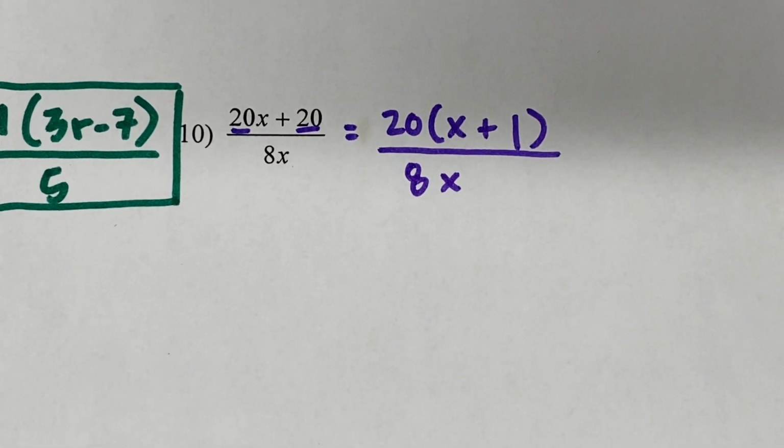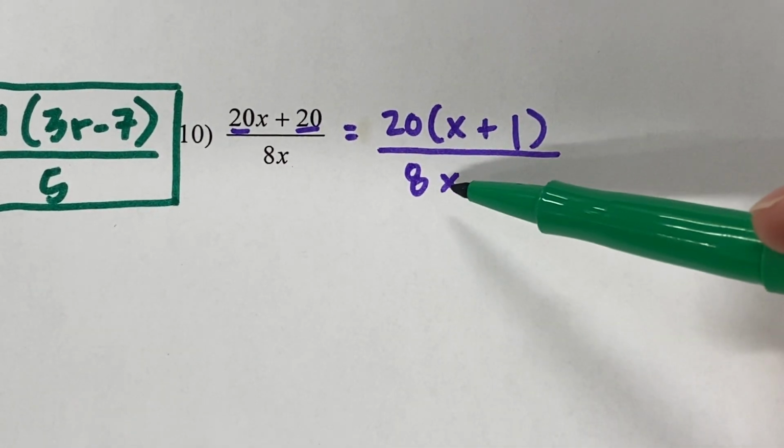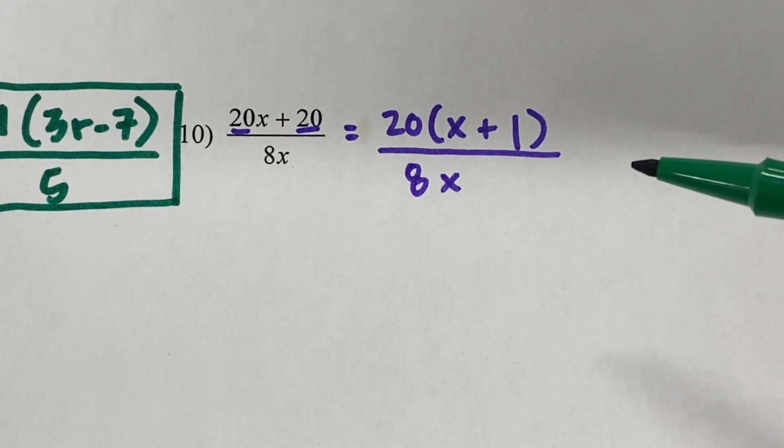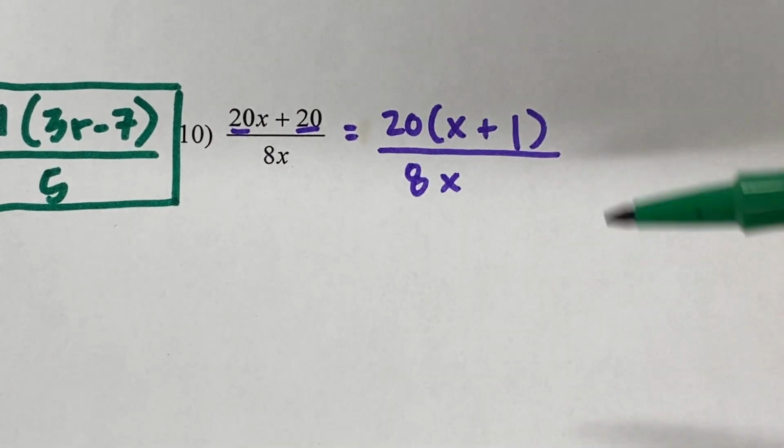Okay, anything the same on top and bottom, or can we reduce? Remember, we cannot grab the x inside the parentheses and cancel it with that x. That's not the same. This is x plus 1, that's x. Those are not the same. Okay, so the only thing I could do here is reduce 20 and 8.